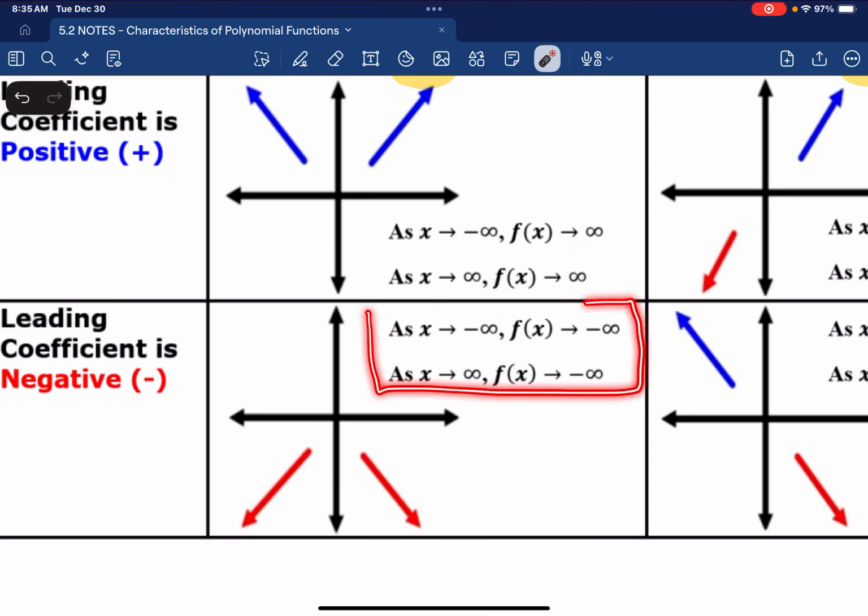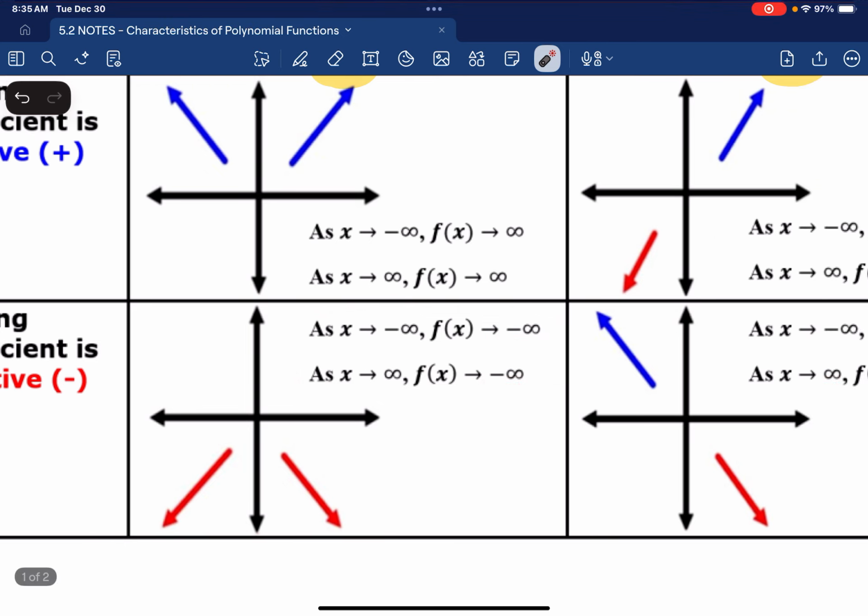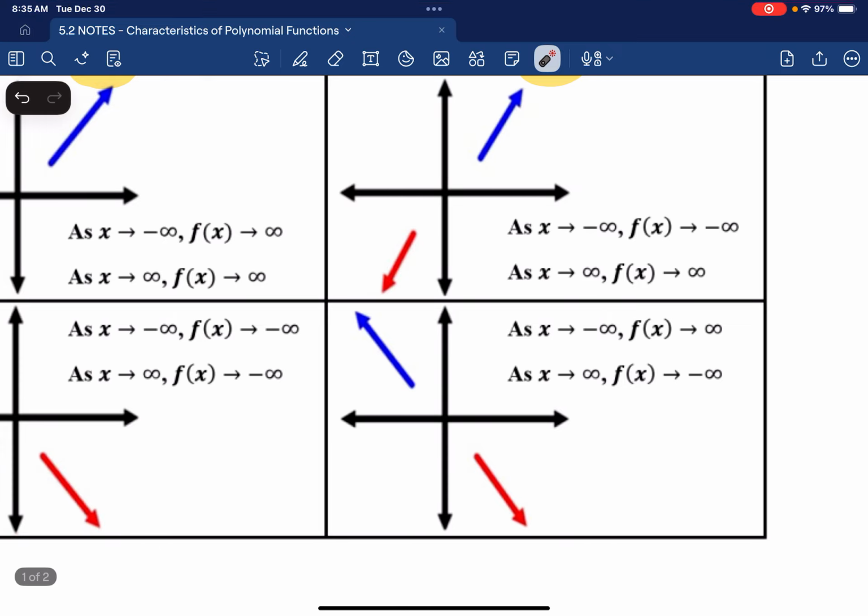If we know both of our end behaviors are going to negative infinity, then fill in the blank. Both of these are negative infinity. And it's lovely because our sentence stems over here are exactly the same as well. As x approaches negative infinity, f of x approaches blank. As x approaches positive infinity, f of x approaches blank. It's going to be the same thing over and over again.